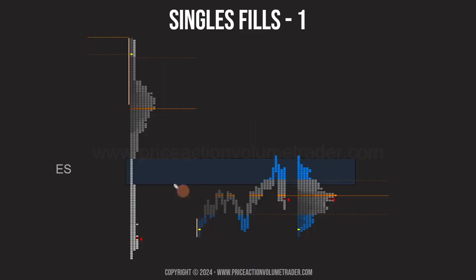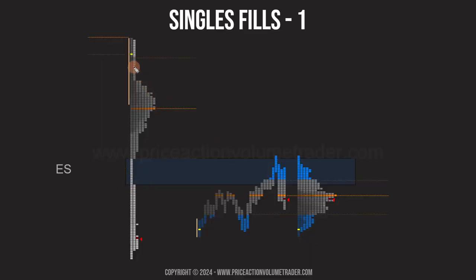And then we can see here, if I split this up, we now have that overnight session split up, and you can see how we open. I marked off here the singles, and you can do this too. I like to be aware not just of the fills for the singles, which will be this line right here, but I like to mark the entire area of singles, because I know that this entire area was a pretty weak structure.